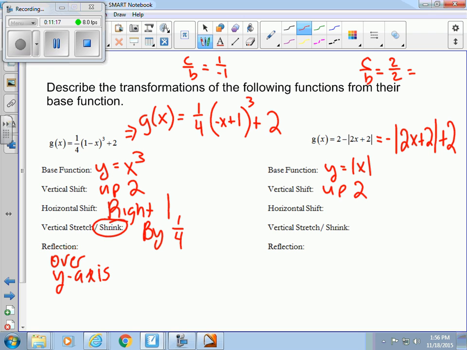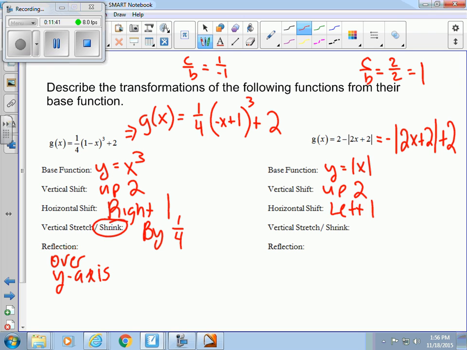What is 2 divided by 2? 1. Is that positive or negative? Positive, which means we move left. Left 1. So that's really the hardest part of your homework tonight, is that part right there.